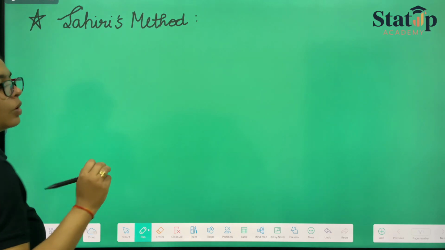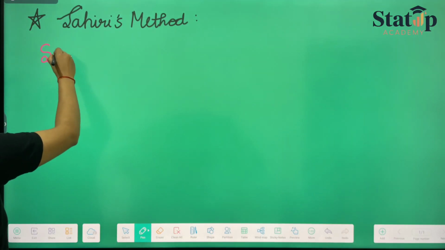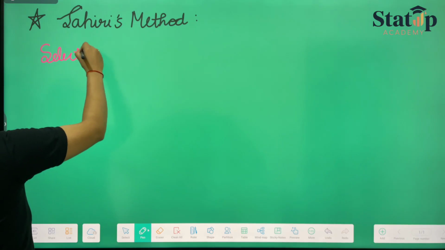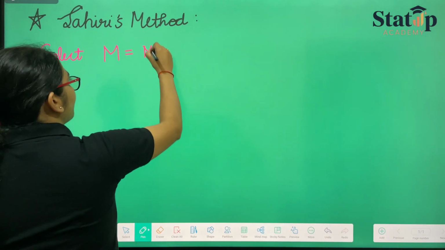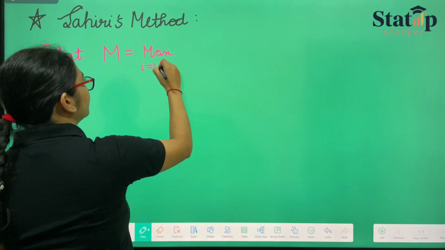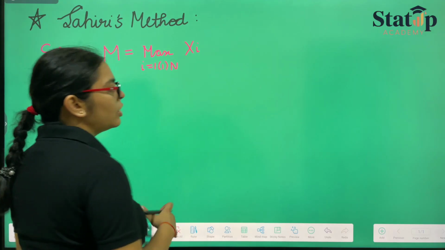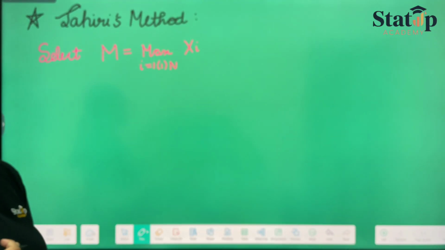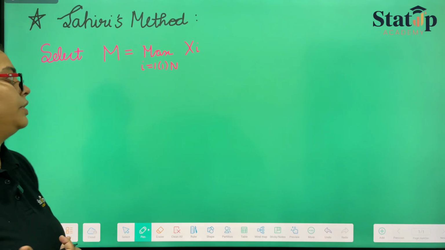In this method, what do we do? Suppose we have to select a random number M, which is the maximum of xi, i going from 1 to N, the maximum of all the units which have been given to us in the form of xi or auxiliary variable.